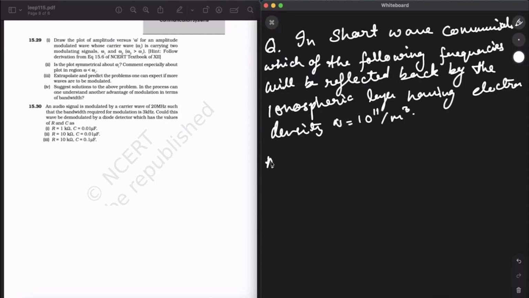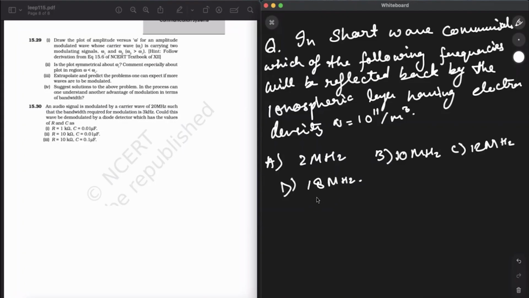The options are 2 megahertz, 10 megahertz, 12 megahertz, and option D is 18 megahertz.